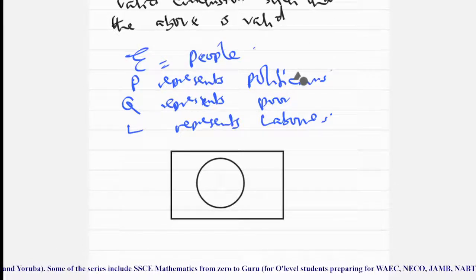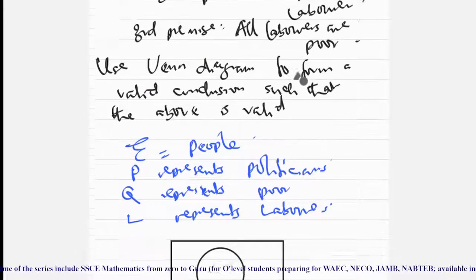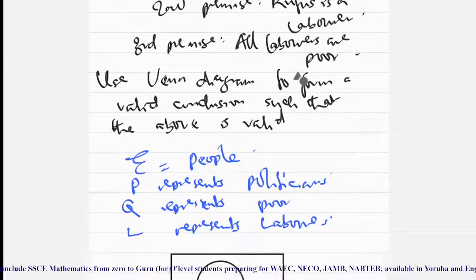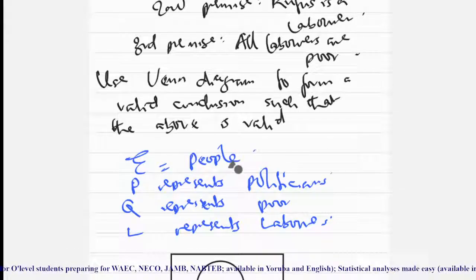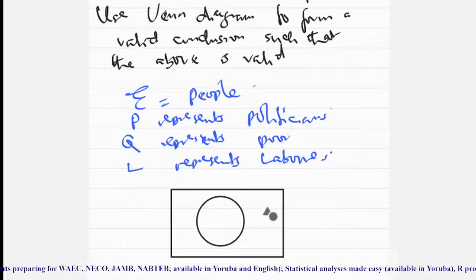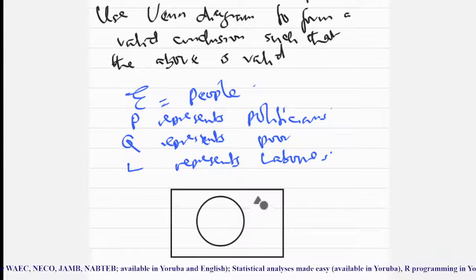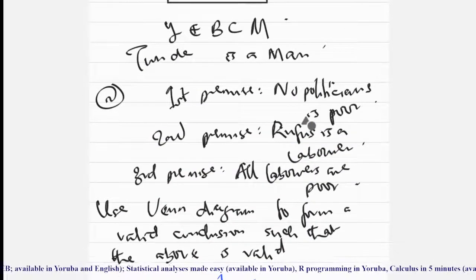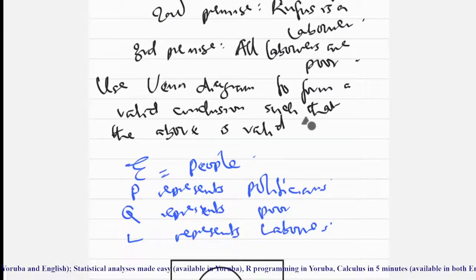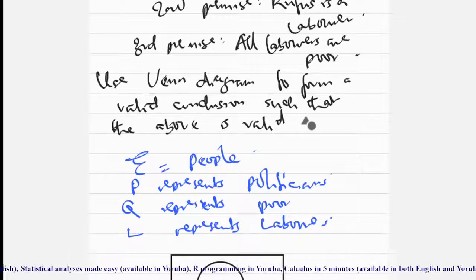So if you check the first premise now, no politician is poor. It means when you have a set or a proposition for poor, maybe I call this poor. No politician is poor, but Rufus is a labourer.